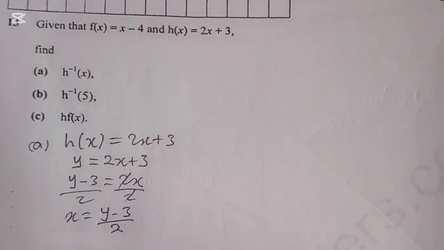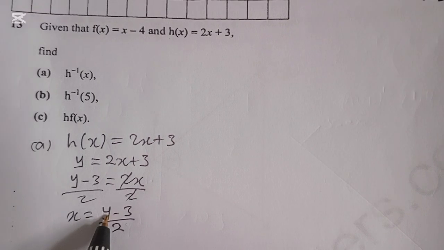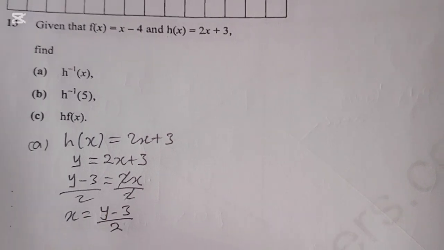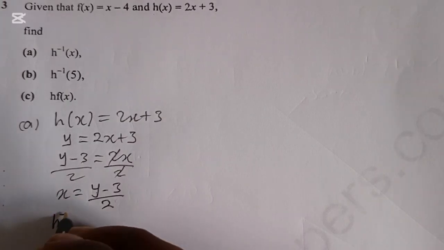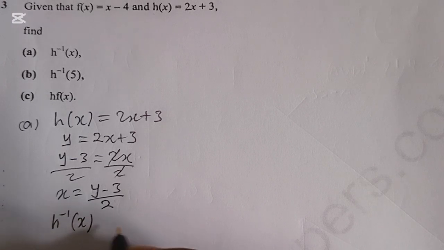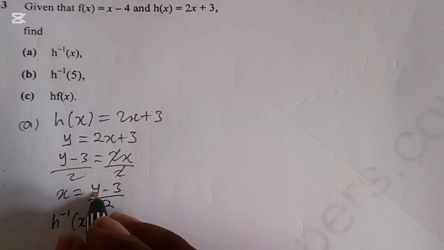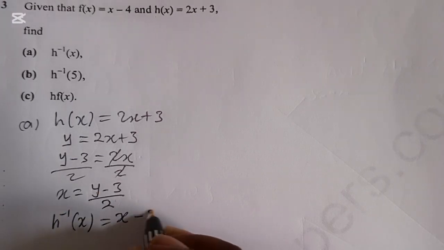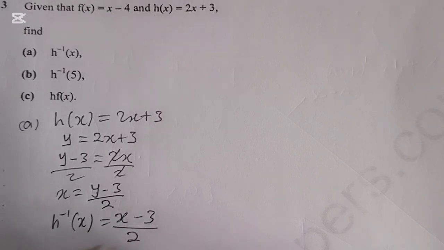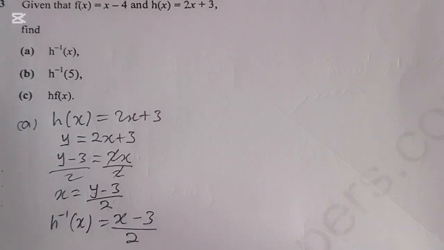So we have made x the subject of the formula. The next step is to replace y with x. So h inverse of x is equal to, where there is y, we replace with x, x minus 3 over 2. So that is the inverse of h.